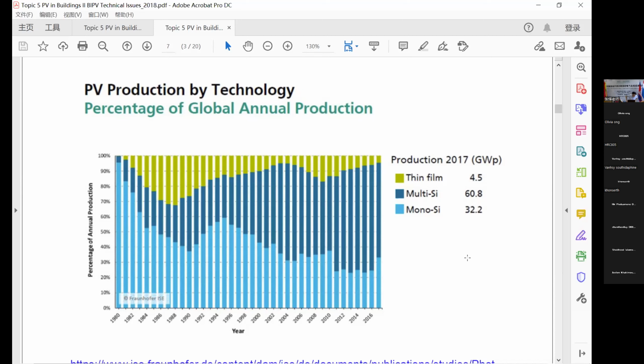economic development of the... how do you say it? Let me check. Inflation.